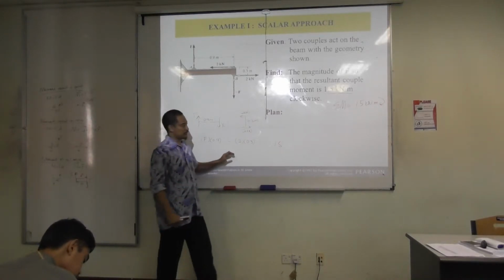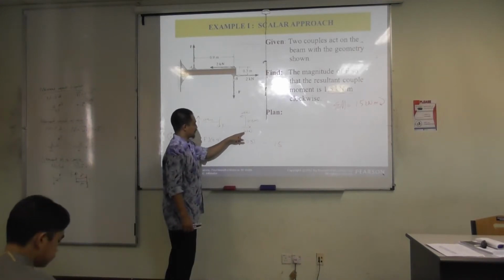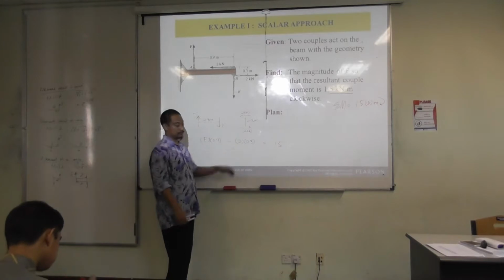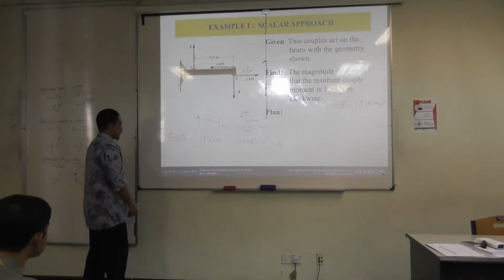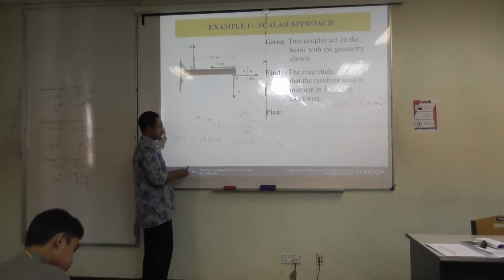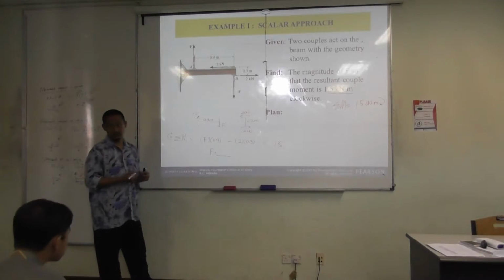Do check, because sometimes the question gives a different unit. For example, if this is Newton and that is kilonewton, then you have to make some adjustment there. Of course, once you have established this, the calculation is straightforward. It's just mathematics.